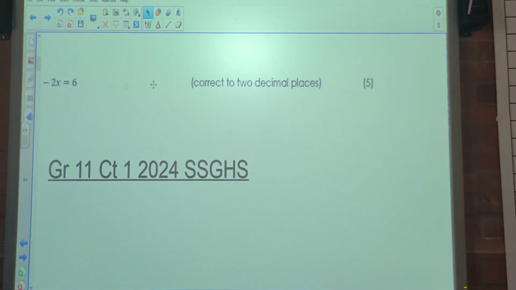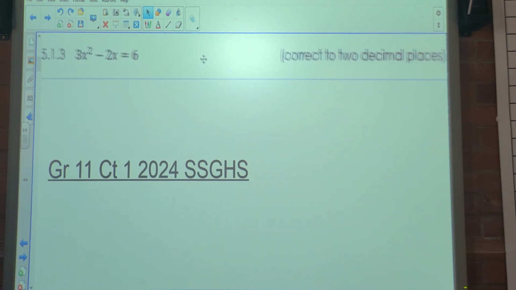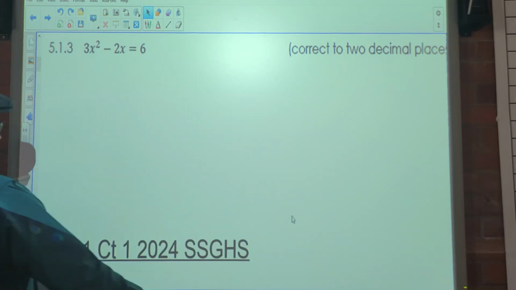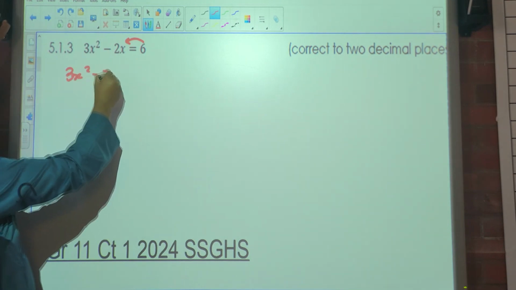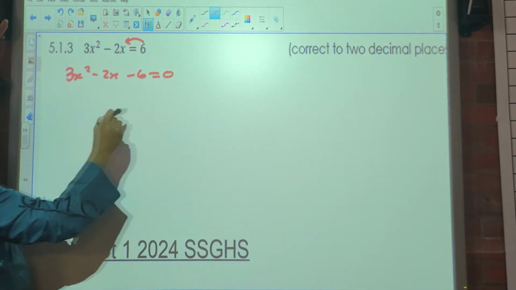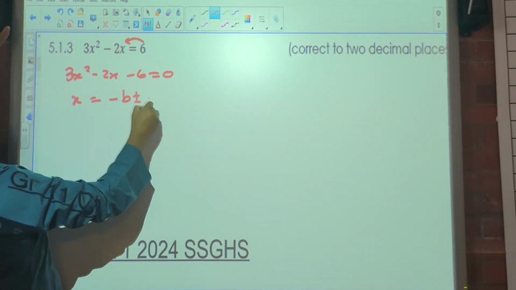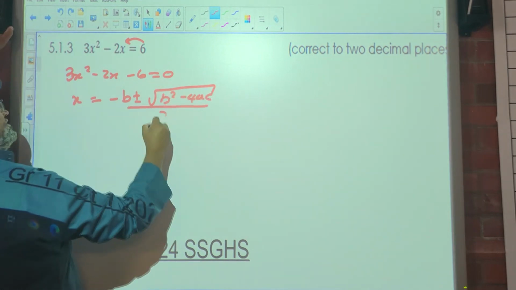5.1.3. People, when you see next to the sum "correct to 2 decimal places", know that the quadratic formula is going to be applied. We take it over the equal sign. It gives us 3x squared minus 2x minus 6 equal to 0. So what's my a value? Remember the formula: x is equal to minus b plus minus the square root of b squared minus 4ac, over 2a.